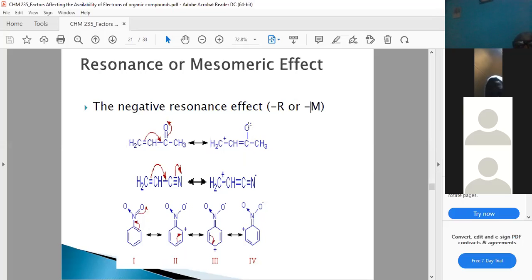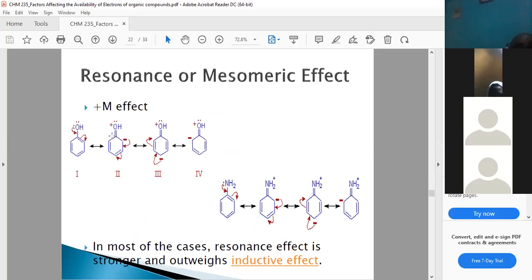Now, when this negative charge comes back to form the double bond, this pi bond will also go back to its original position, like what you have here. So it's reversible. This is a canonical structure for this molecule. Because it is taking away electrons from this, it is termed negative mesomeric. The same thing applies to each one of these.